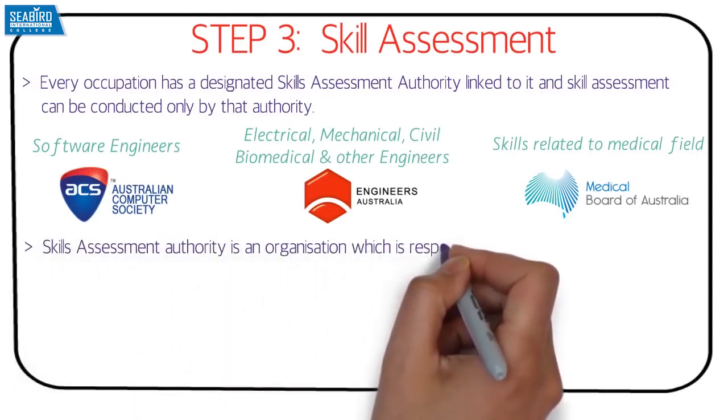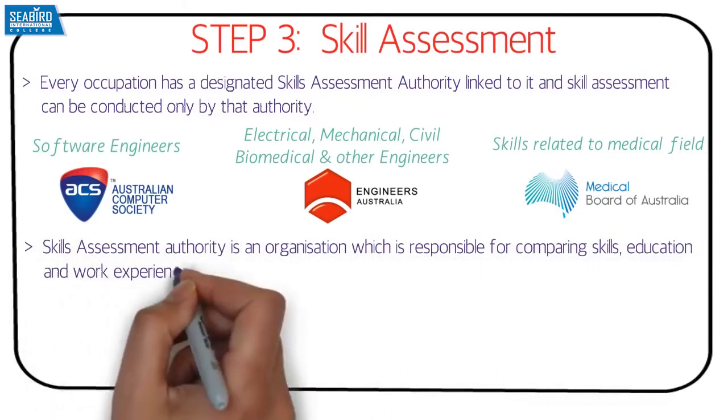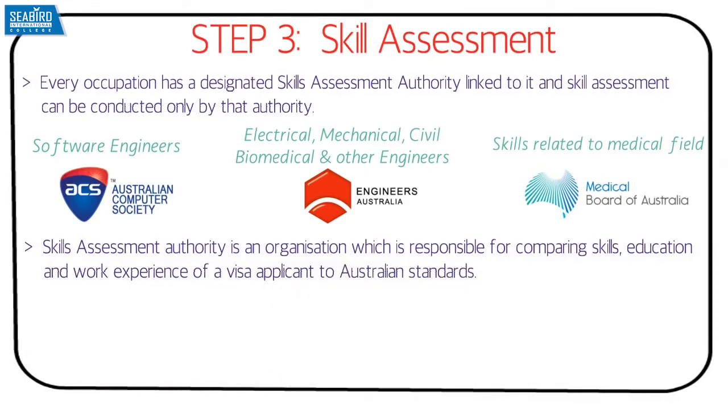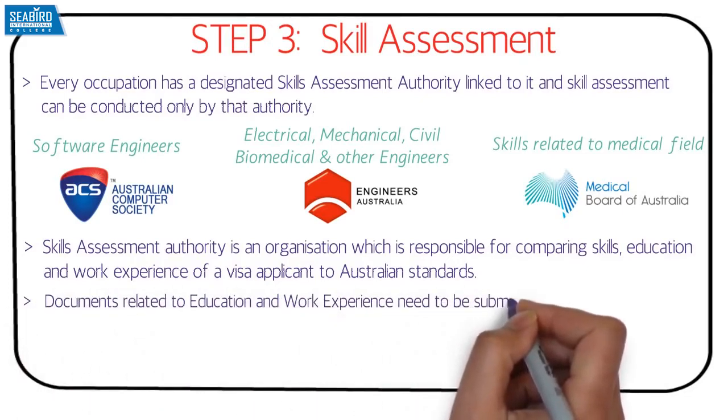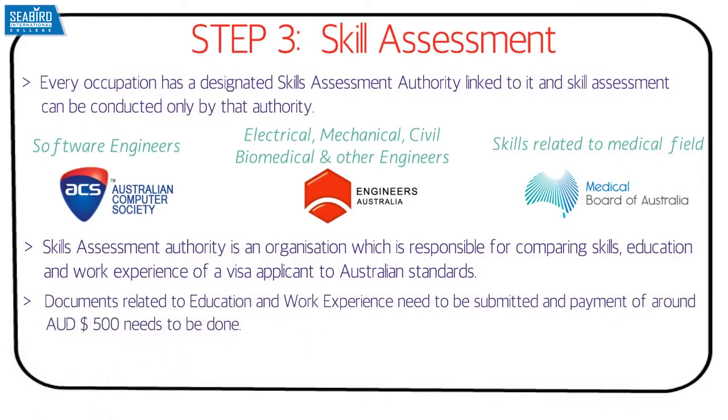The skill assessment authority is an organization which is responsible for comparing skills, education and work experience of a visa applicant to Australian standards. Documents related to education and work experience need to be submitted, and payment of around 500 Australian dollars needs to be done at this point. Now, this may vary from one organization to the other, but this is just a rough estimate of the payment.